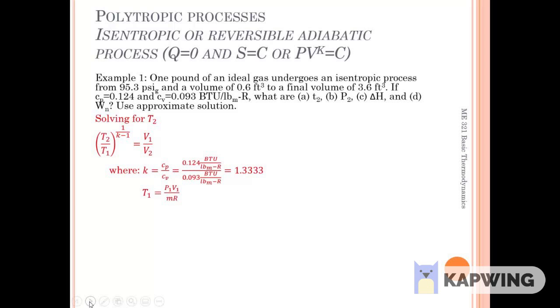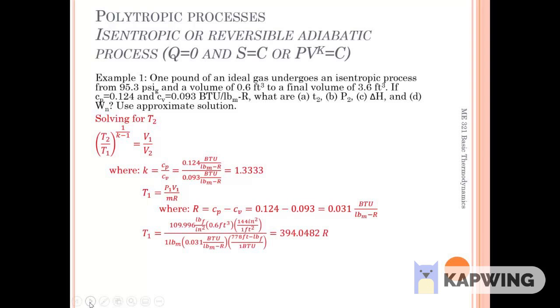On the other hand, the initial temperature can be found using the equation of state of ideal gases. In this formula, the only unknown quantity is the specific gas constant R. But by simply getting the difference of Cp and Cv, we can compute the value of the specific gas constant R. Substituting all the known values in our formula for T1, we'll get 394 Rankine as the value of the initial temperature.